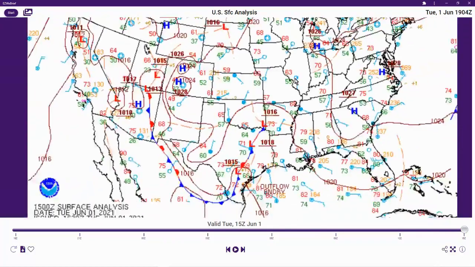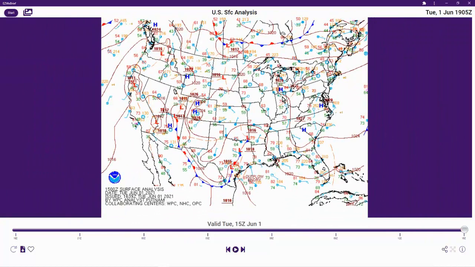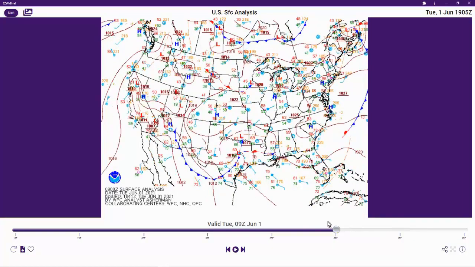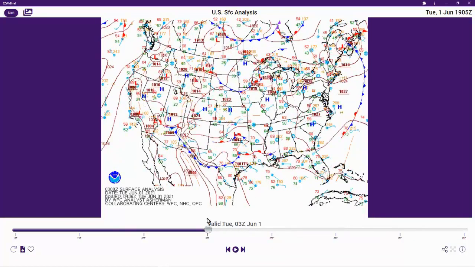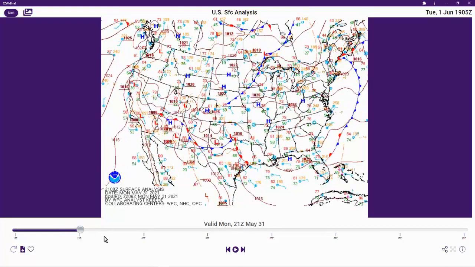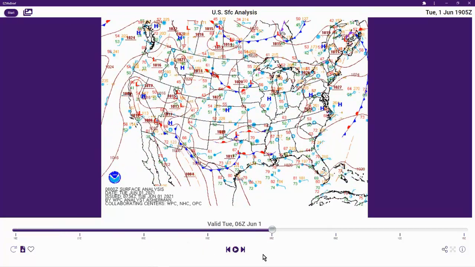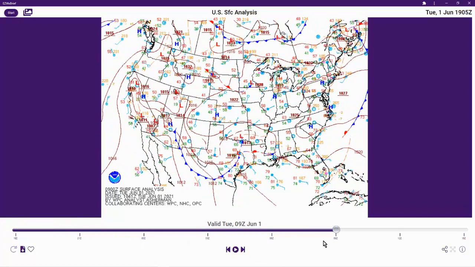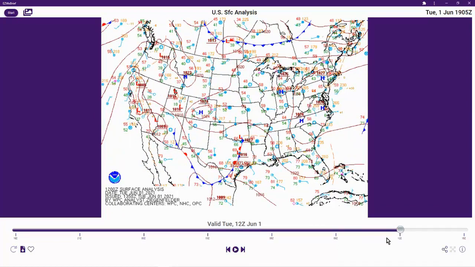Now, it's always important to start your pre-flight briefing from this particular chart and then work your way as a segue into the Prog charts. To get a good understanding of where the weather is going, you need to understand where it has been. So if you look at the most recent 12 to 24 hours of charts here, you'll get a pretty good understanding of how the weather is evolving or has evolved over the last 24 hours or so.